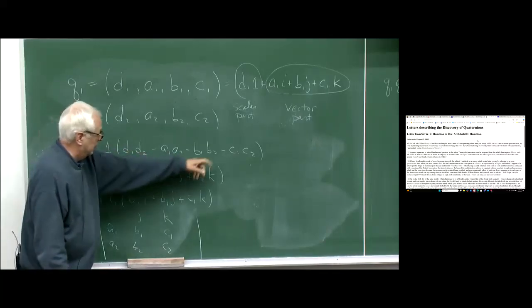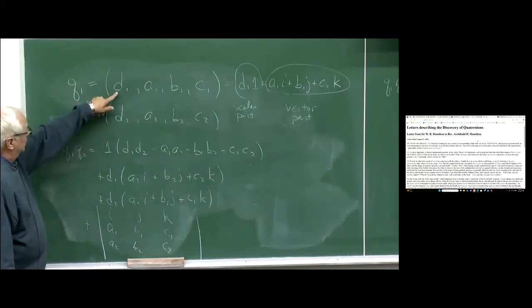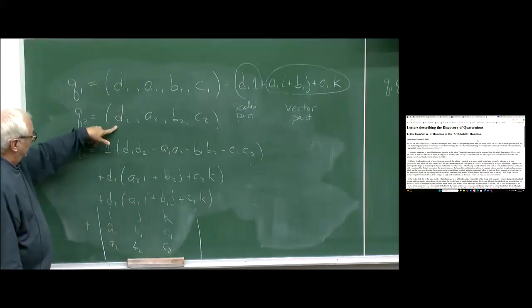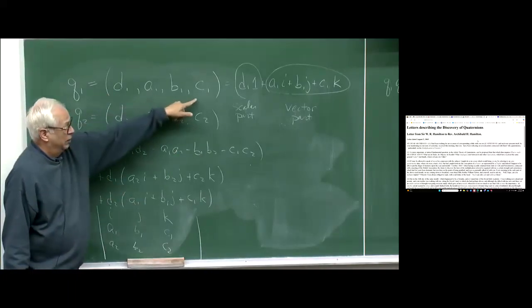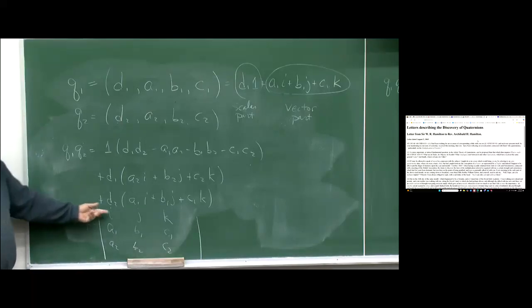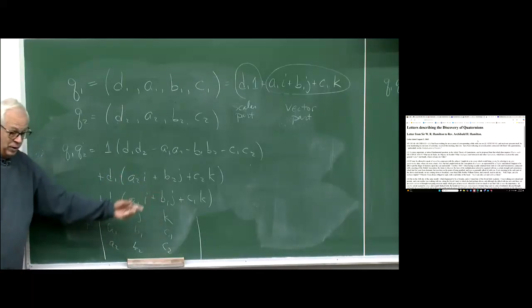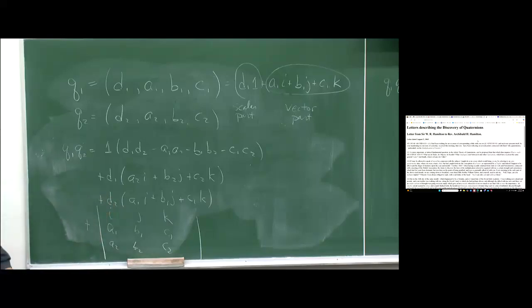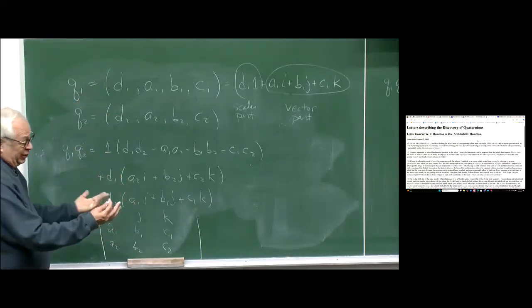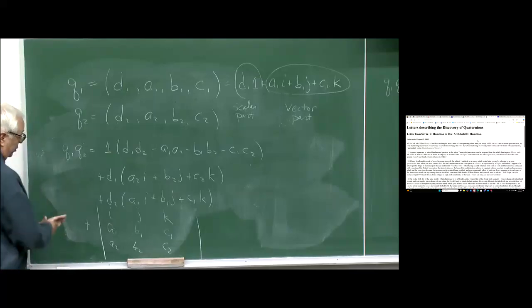I just have to remember the minus signs. And then there's the scalar part of the first one times the vector part of the second, the scalar part of the second times the vector part of the first, and then this determinant, which I can remember. It's i, j, k, and then the vector part of the first, vector part of the second. So if you gave me numbers for D1, A1, I'm going to get a quaternion, and it's no big deal to work it out.